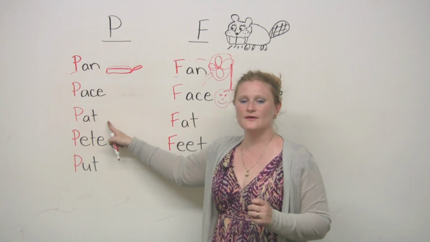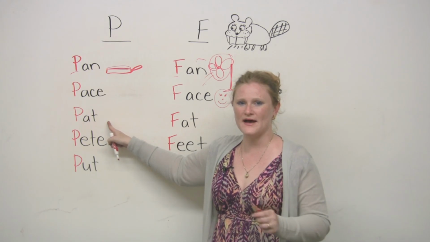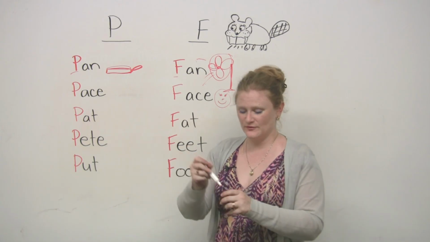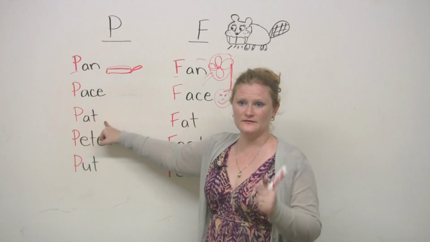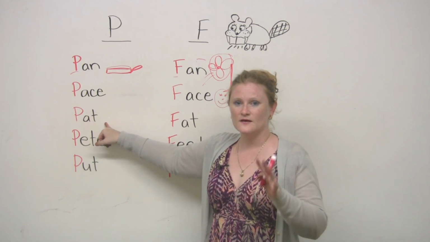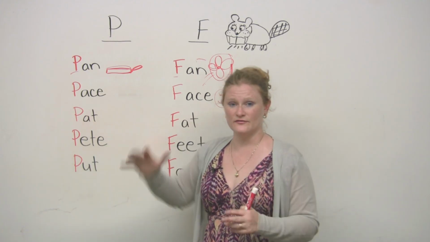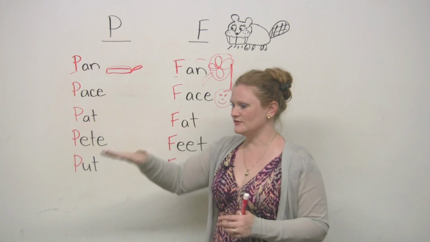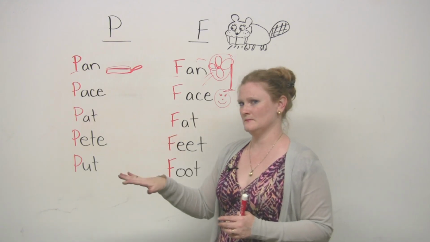Let's do the next one, under the P. This is the word pat. Pat has two meanings. The first one is a person's name. It can be male or female. If it's female, it's Patricia, and if it's male, it's Patrick. But we shorten it and say Pat. The second one is a verb. The verb pat means to touch an animal.